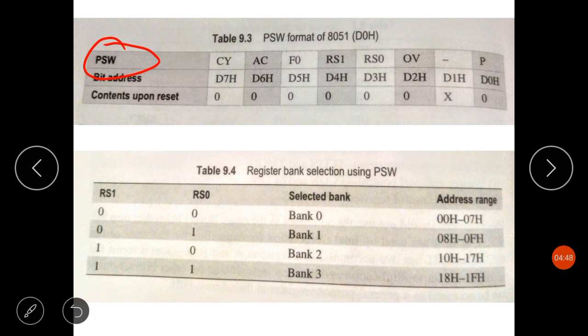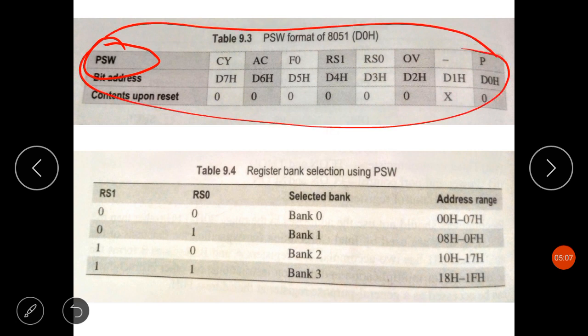This is a special function register. Inside 8051 microcontroller there is a set of special function registers, and among those, one register is the program status word. The program status word is an 8-bit register: 1 2 3 4 5 6 7 8.